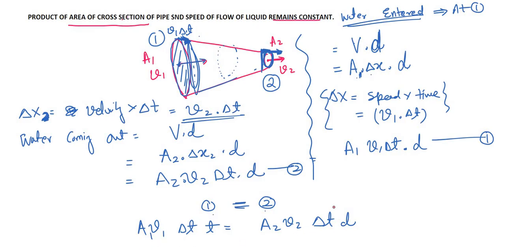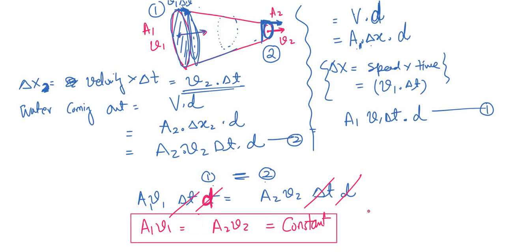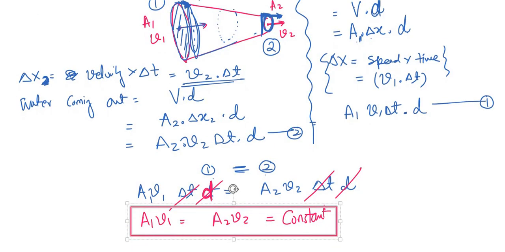I think del t is cancelling, and this is the density, so D and D are cancelling. So what we are getting here is A1 V1 is equal to A2 V2, and this is nothing but constant. So this is known as the law of continuity, and it is an important formula for solving numericals.